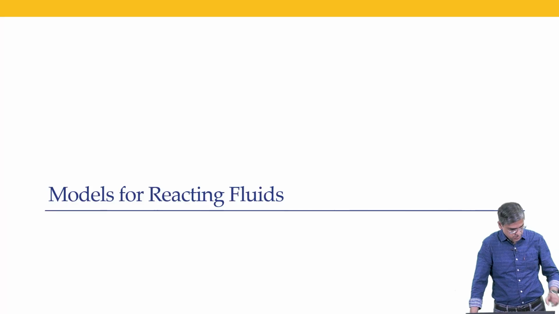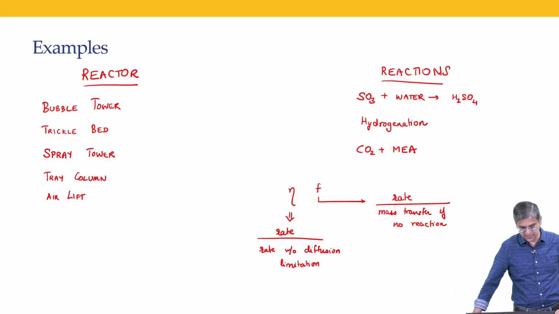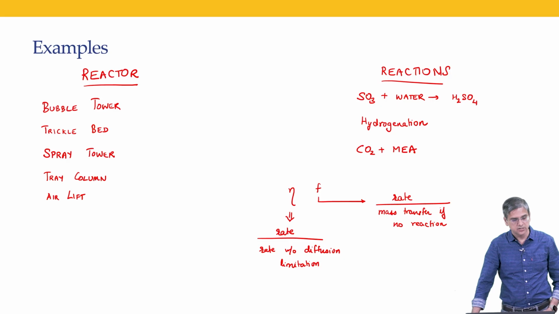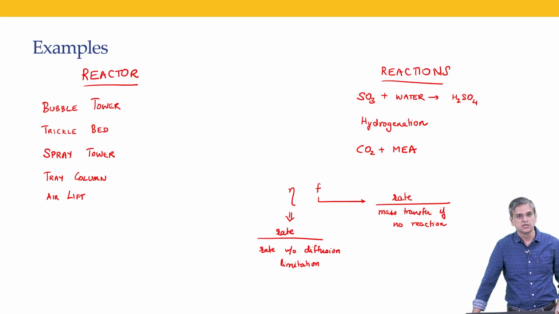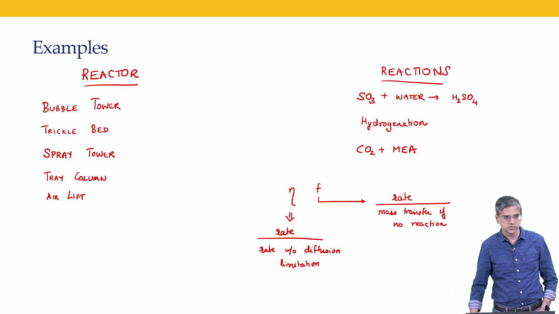So, that is how we are going to do the analysis, and the examples of gas liquid reactors that you came up with are on the left hand side over here: bubble tower, trickle bed, spray tower, tray column, airlift reactor, and on the right a few reactions, SO3 reacting with water to give sulfuric acid, hydrogenation reactions, and CO2 capture in liquids such as monoethanolamine. Okay. So, these are some of the reactions that are of interest.